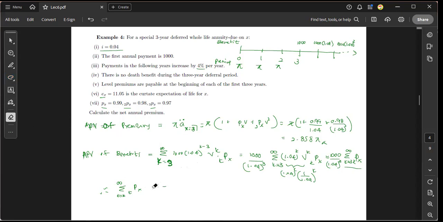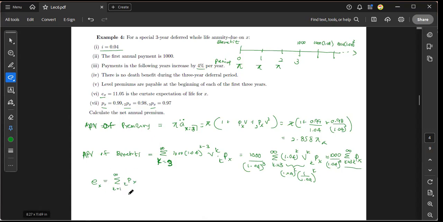First, let's take the definition from there. The definition for this one is starting from 1 going to infinity, sum up all the survival probabilities.